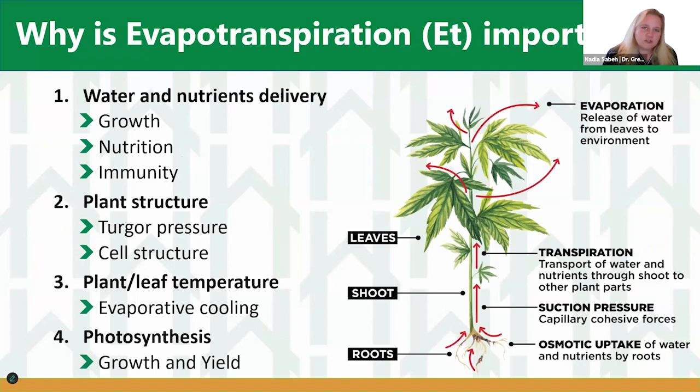So, evapotranspiration is super critical to our crop for a multitude of reasons. First and foremost, it is responsible for the delivery of water and nutrients from the root zone up through the shoot, and then, like I said, to the other various plant parts. So, this means that evapotranspiration is essential to the growth of our crop, right?